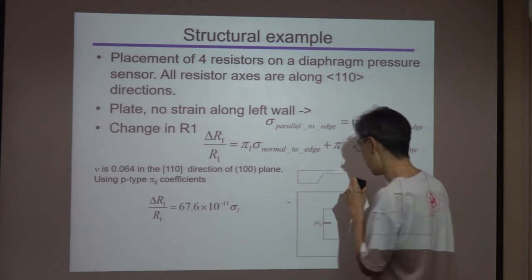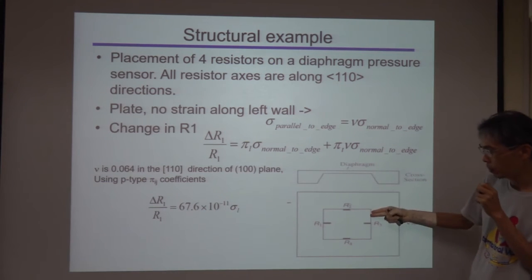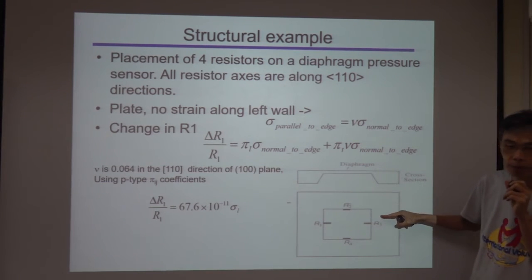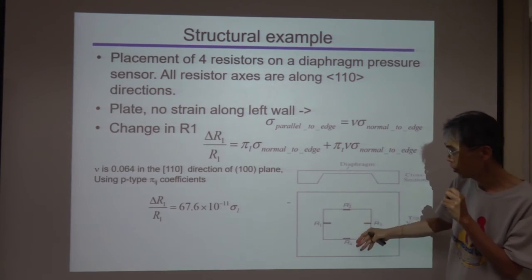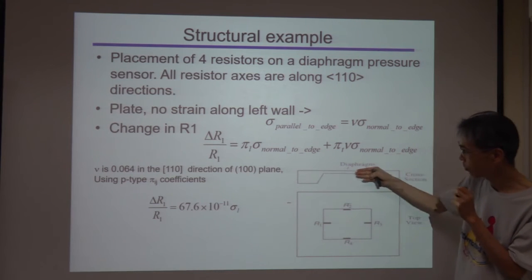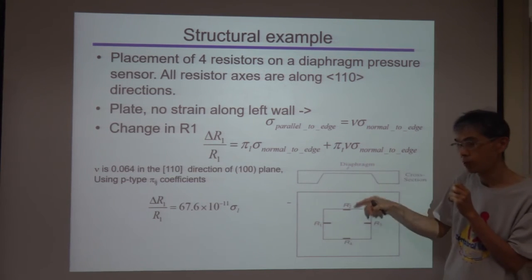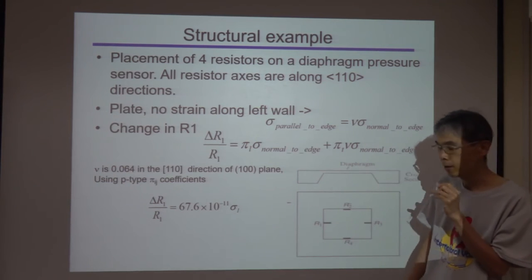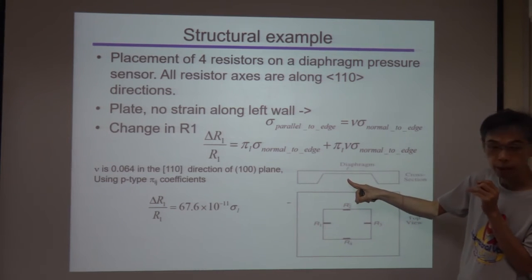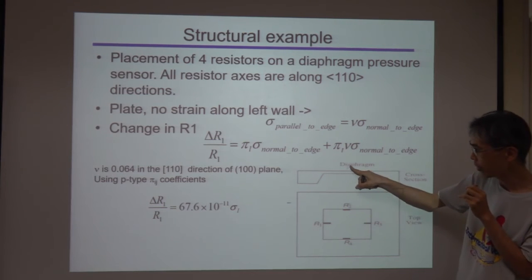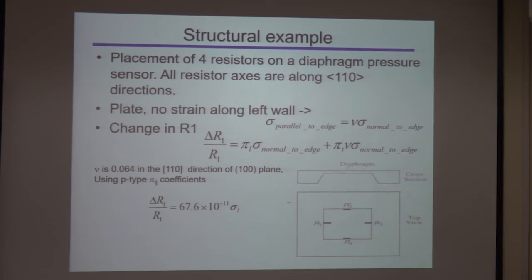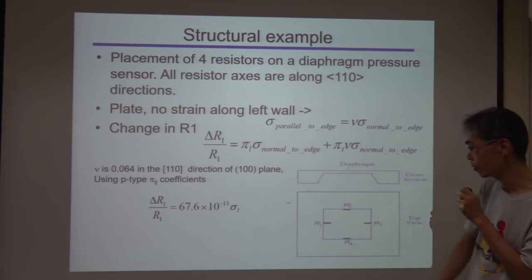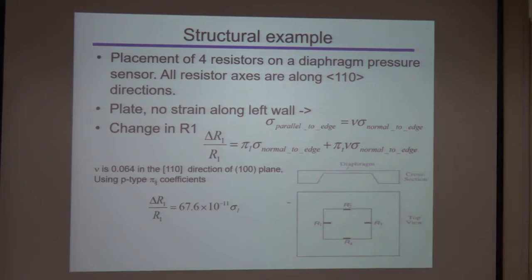Okay, for this pressure sensor, we have a diaphragm, a membrane on top. This is the top view and this is the cross-sectional view. We have a cavity with gas inside. Pressure applies stress to the diaphragm, a very thin membrane. We put four piezoresistors, R1, R2, R3, R4, on top of the diaphragm.